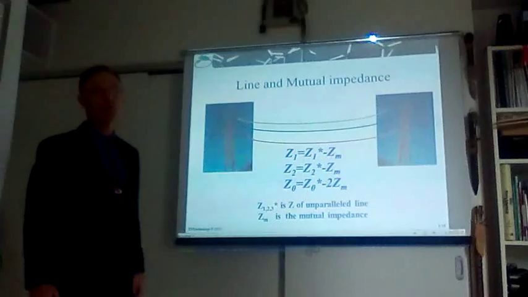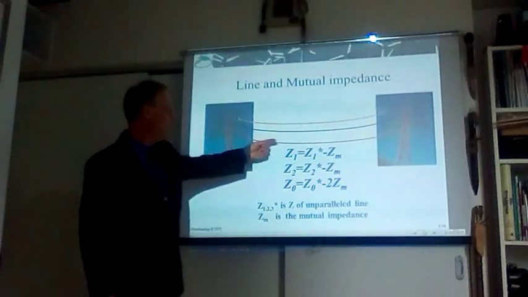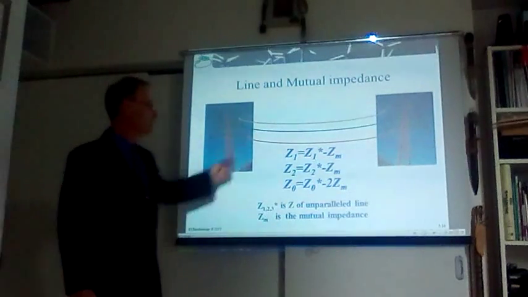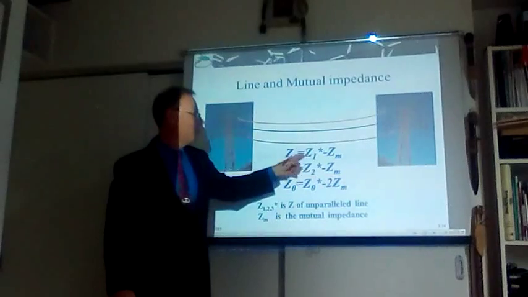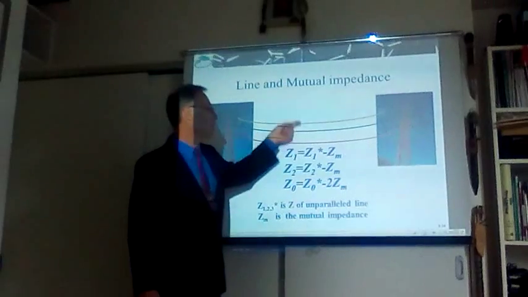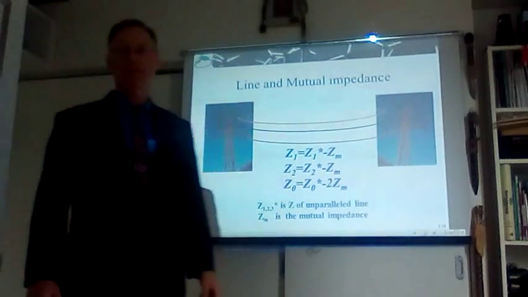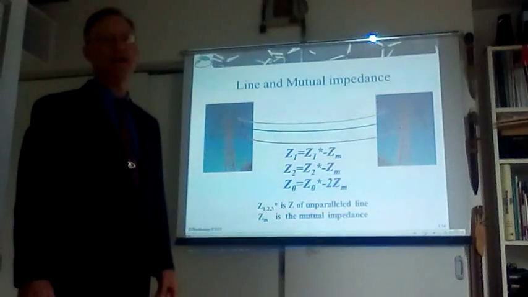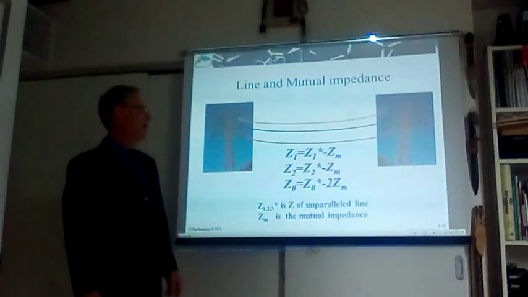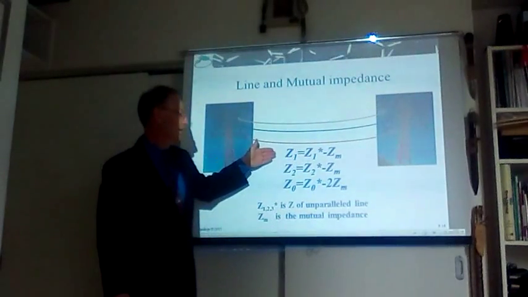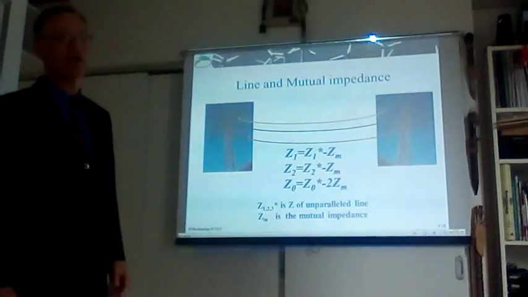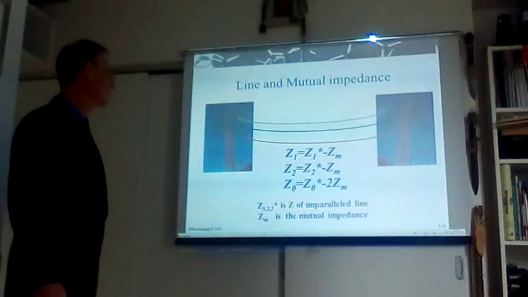Along the length of the transmission line, we have for each and every component of the current its natural impedance and another impedance that comes from the mutual effect of the three phases on each other. We have to keep in mind that we have an impedance that is different from the natural impedance of the line due to that mutual impedance effect.